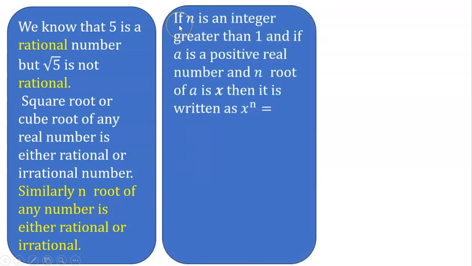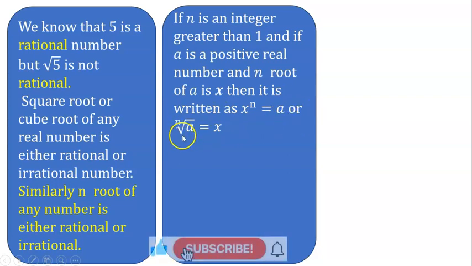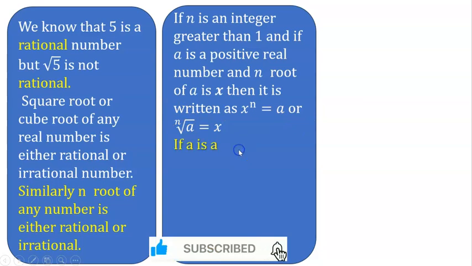Now, if n is an integer greater than 1 and if a is a positive real number and nth root of a is x, then it is written as x raised to n is equal to a or nth root of a is equal to x.